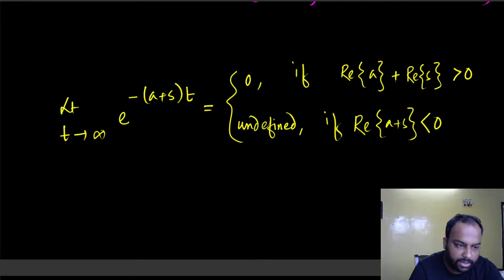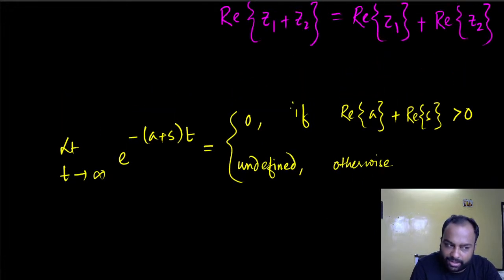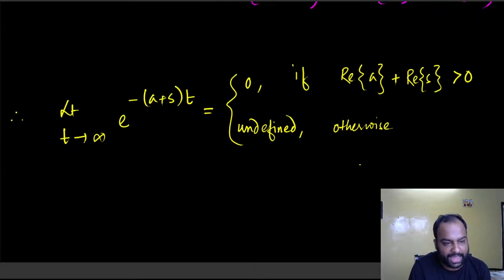Similarly, this is negative, and I'm just calling it otherwise, when the sum of the real parts is negative. So this was the real part of a plus s, and I can say that.